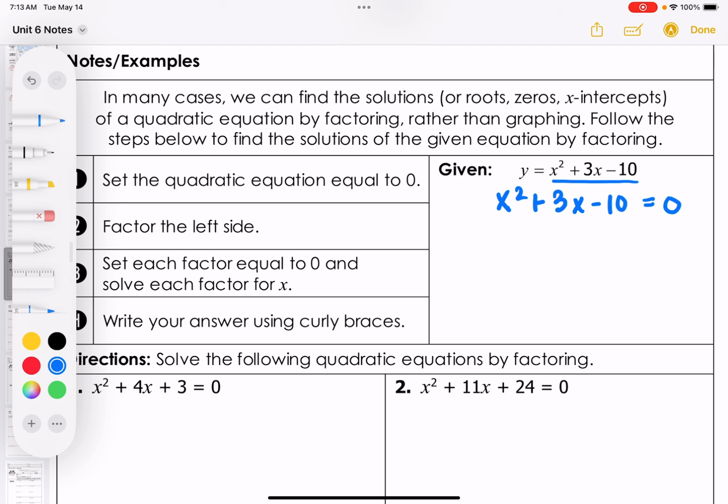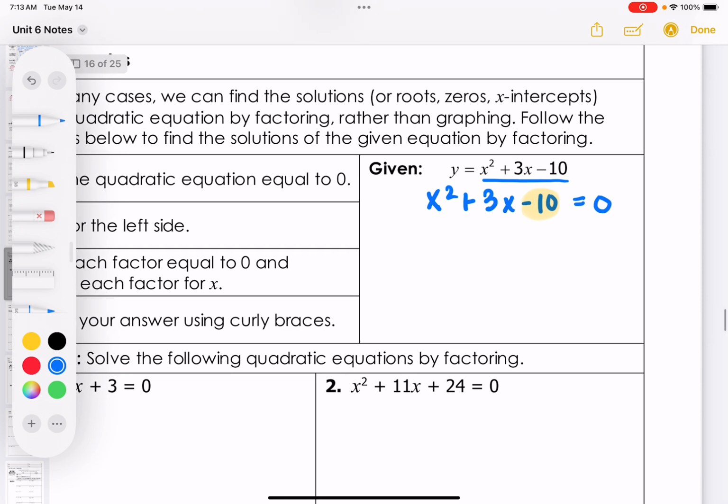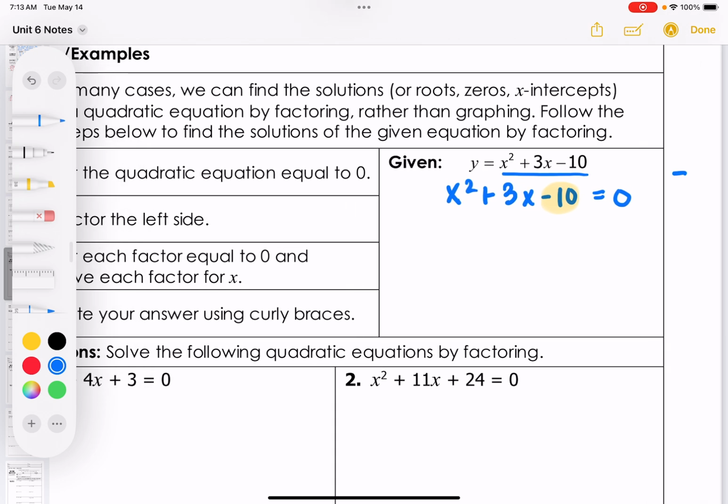To factor, I'm going to look at my last number, and I want to find things that multiply to give me that number. On this side, I want to see what multiplies to give me negative 10. So negative 1 times 10, negative 10 times 1, negative 2 times 5, and negative 5 times 2. Now we have to decide which one to choose, and the way you do that is you want to figure out which ones add together to give me 3.